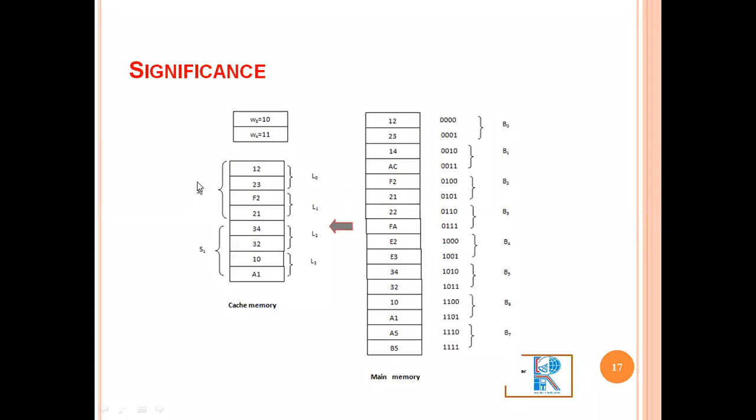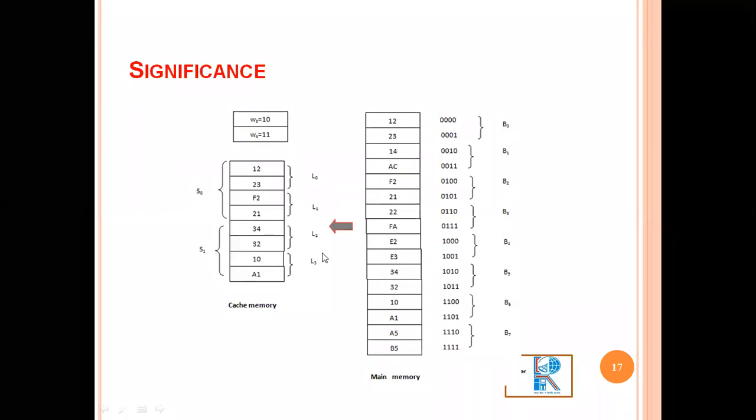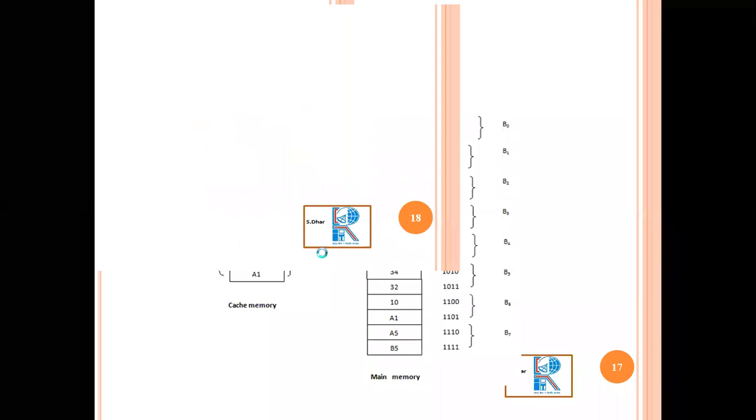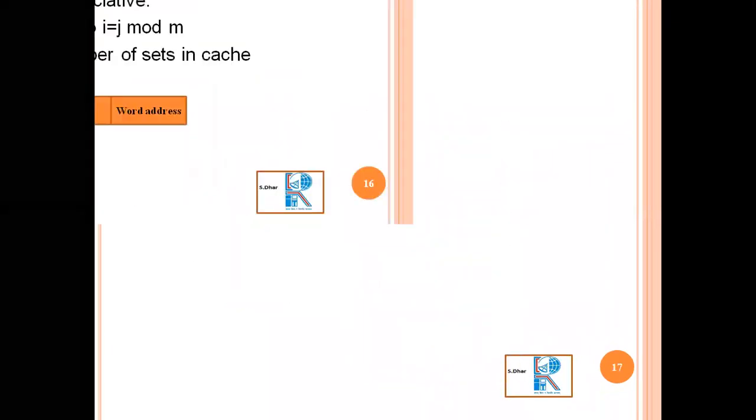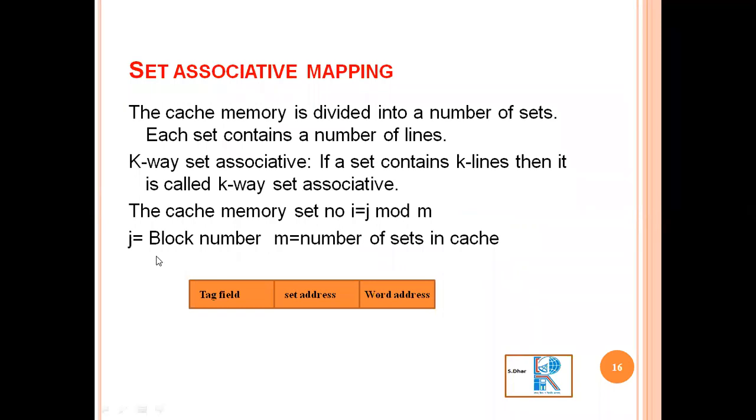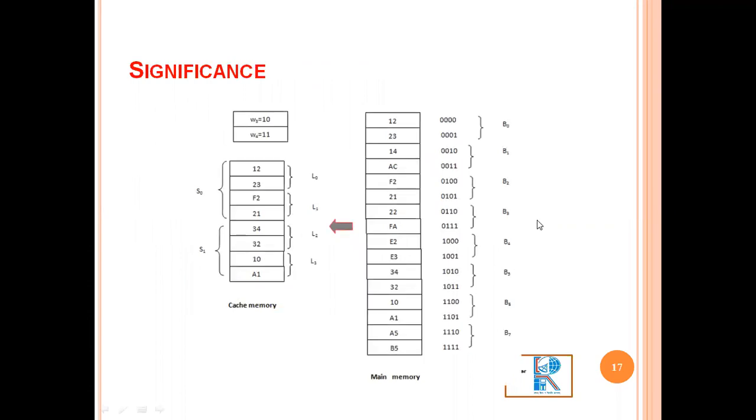Clear? Now, what is the formula? In the formula, we generate the set number from the block number, not the line number. Clear?